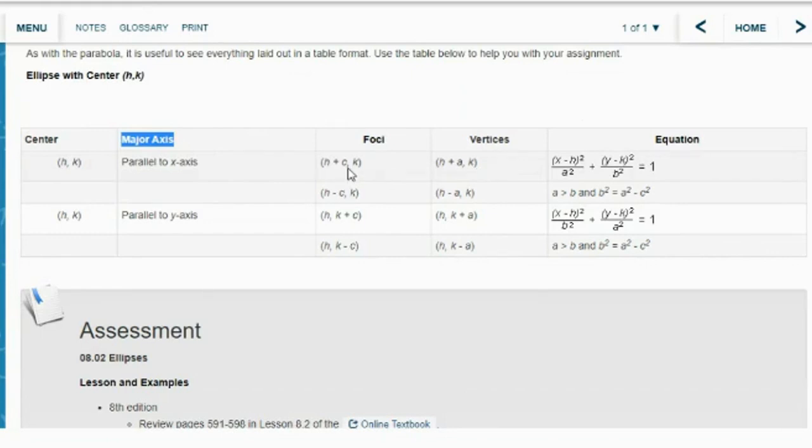You add the c to the h value to get one focus, and you subtract the c from the h value to get the other one. For the vertices, you add a and you subtract a. And those are all from the h. If you have one that's parallel to the y-axis, it's taller than it is wide, then you add and subtract c from the k value and add and subtract a from the k value. And that'll find the two focus points and the two vertices.